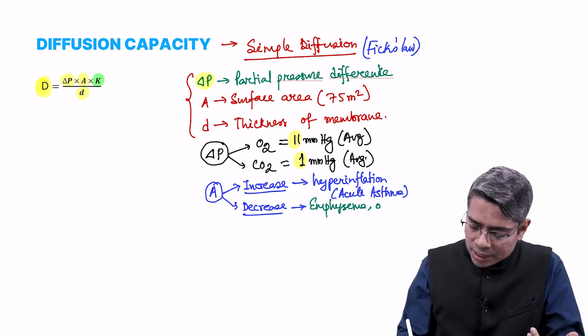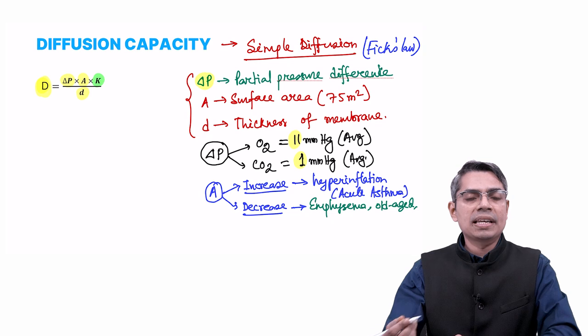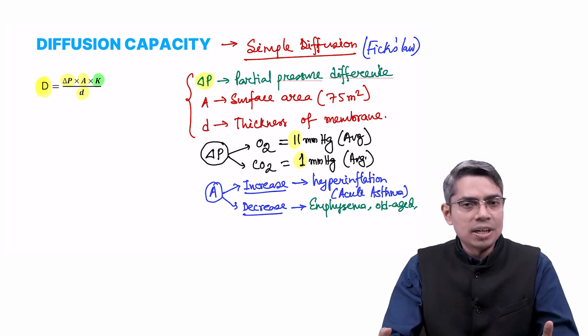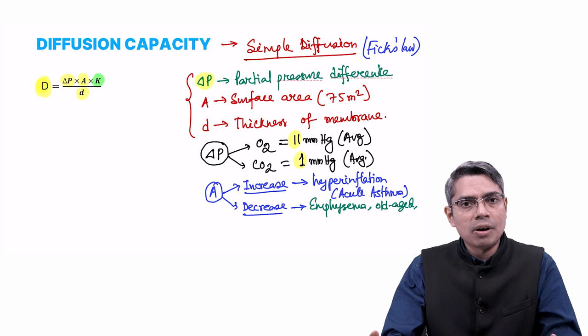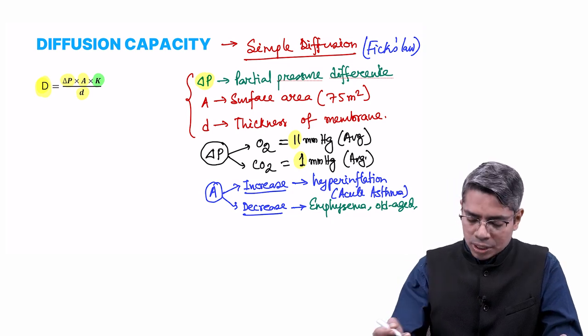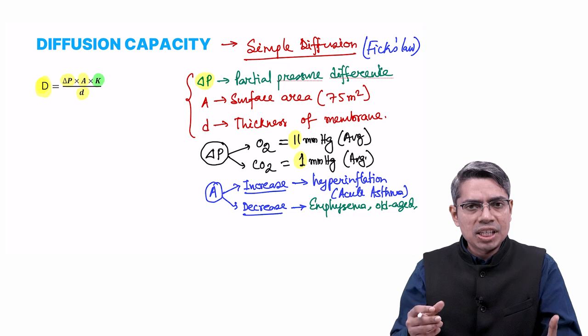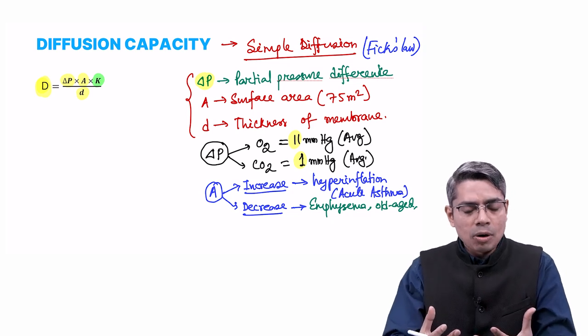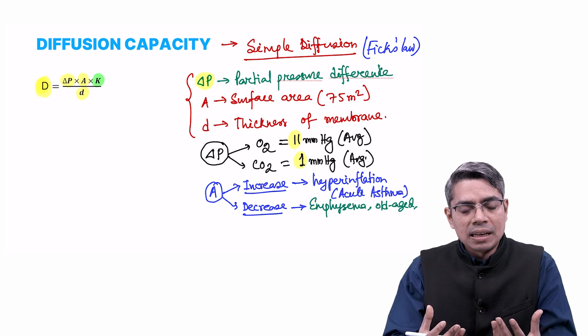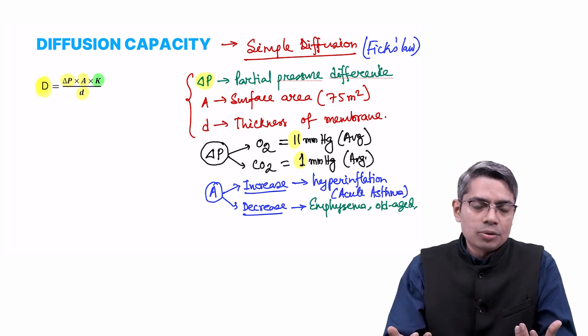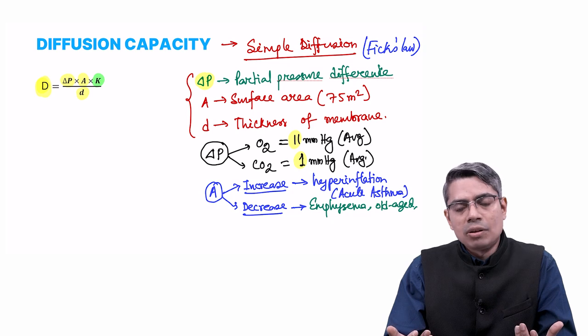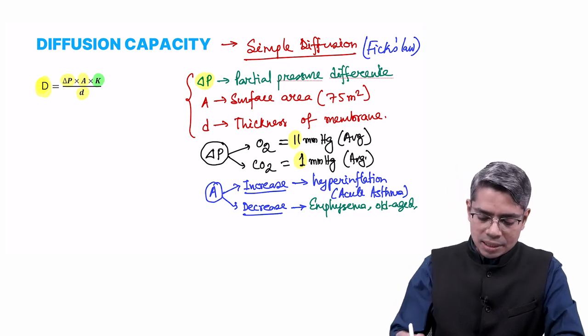The similar thing is also seen in old aged lung, right? The emphysema-like scenario can also be seen in very old age lung. So that is the second example of decreased surface area for diffusion. And obviously, if there is resection, or due to some operation some portion of the lung is cut out, then the diffusion surface area will also decrease, right? So that is regarding A.